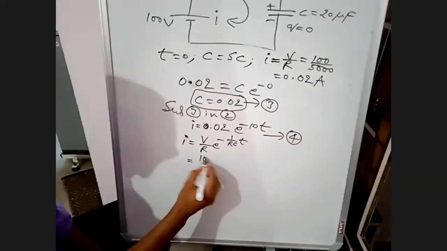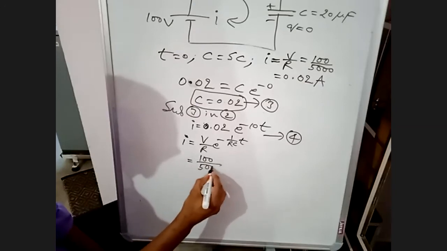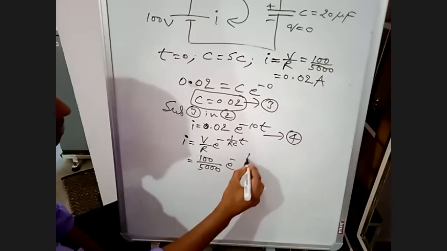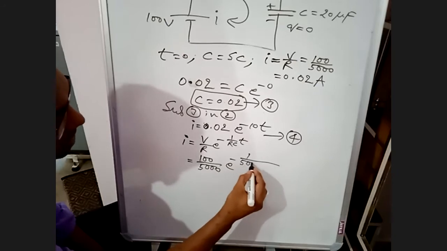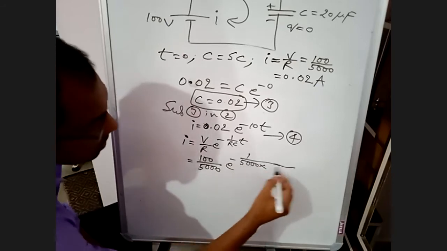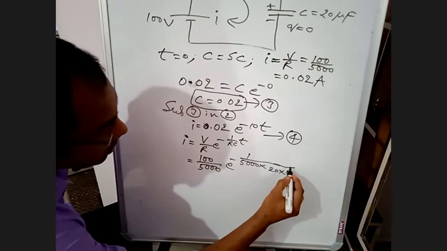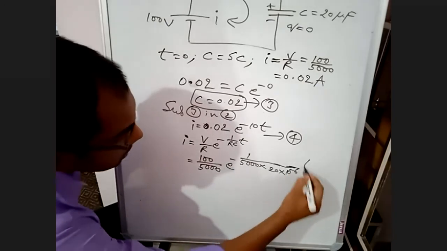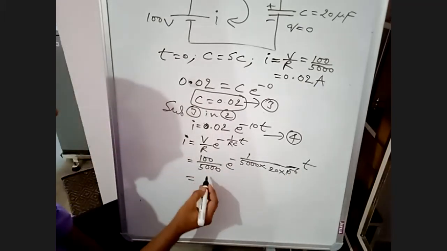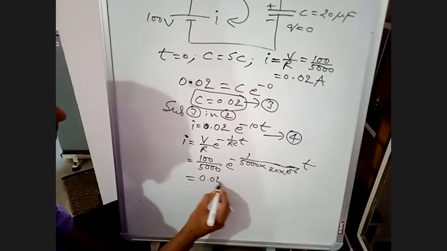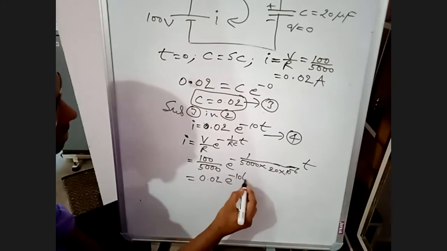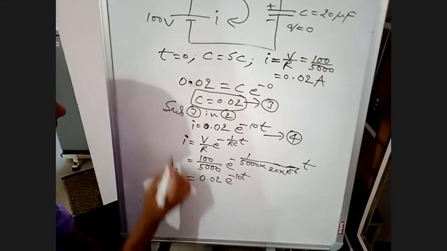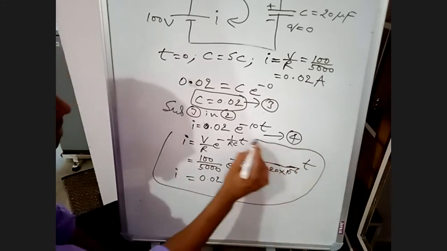V is 100, R is 5000, C is 20 into 10 power minus 6. That is 100 by 5000, which is 0.02 e power minus 10t. If they ask for 2 marks, we can determine it like this.